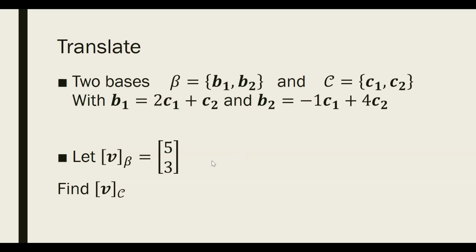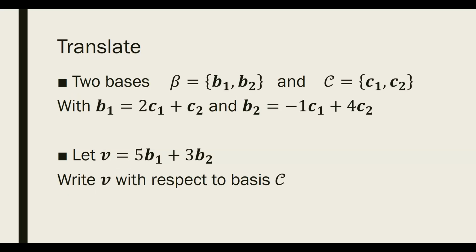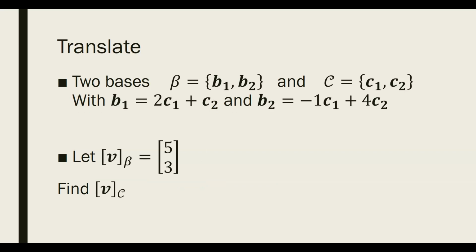We had in our previous slide, our vector was 5 times B1 plus 3 times B2, and we had these two identities. So we have the same two identities, and we have this same vector v, which is 5 times b1 plus 3 times b2.